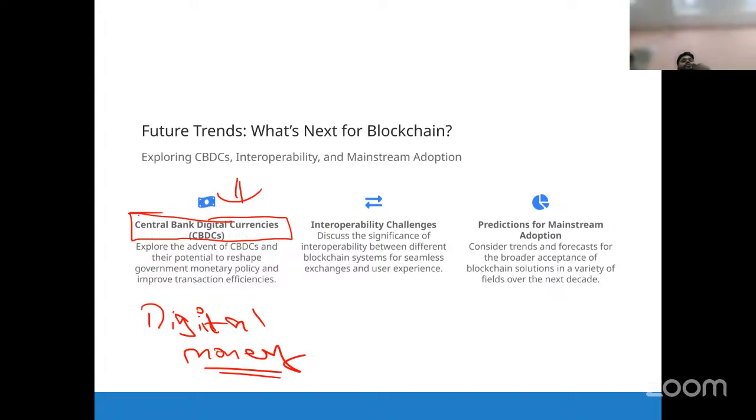So RBI today is trying to integrate blockchain technology, and it has already created a central bank digital currency, which is digital money that people can use directly if they want it as an alternative currency. Today it is not available to everyone, but this is a pilot project created by the RBI, and it is ensuring that everyone can eventually implement it appropriately.